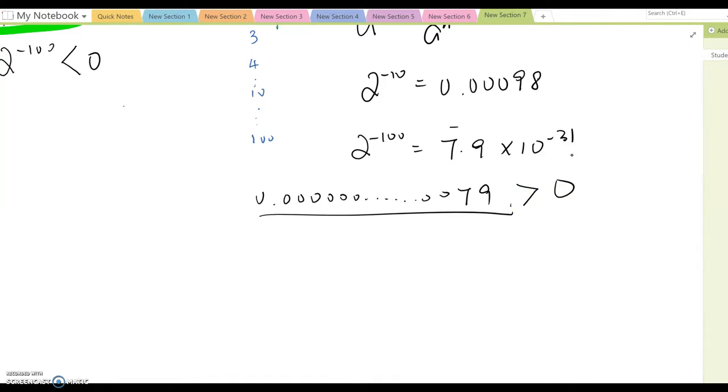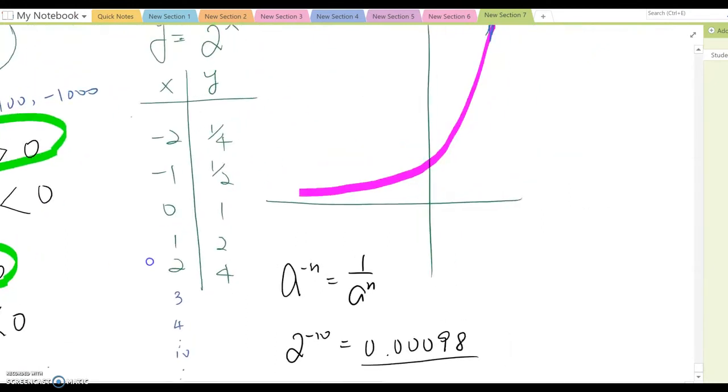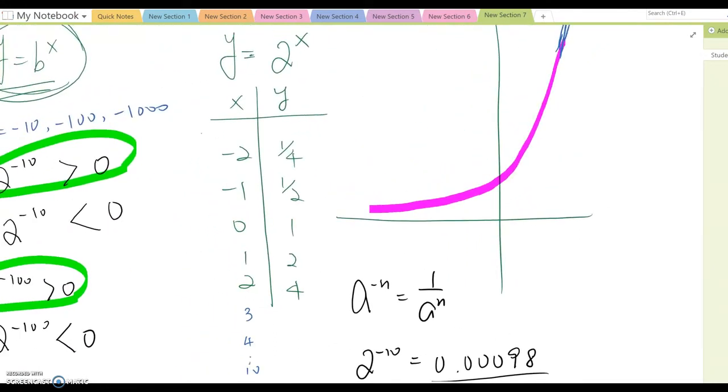However, we can say those values are close to 0, but it's never going to be 0, and it's always above the y equal to 0 position here. Therefore, on this side, the curve keeps on going closer and closer, but it never passes the y equal to 0 line, or x-axis, right?